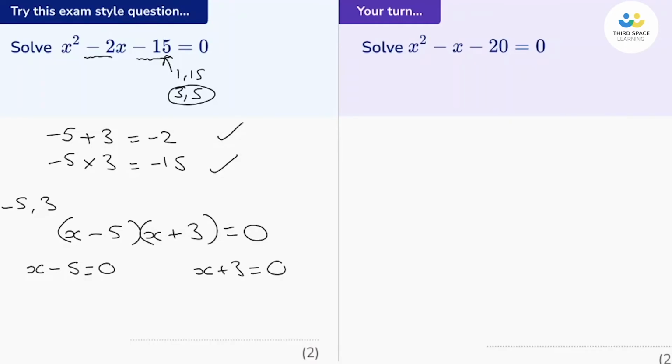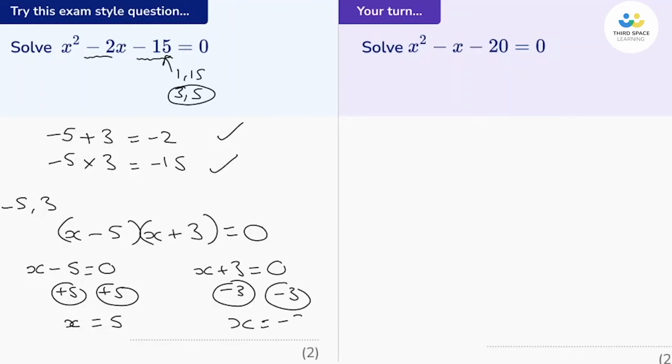If x minus 5 is 0, all we have to do is add 5 to both sides to see that x equals 5. Or if x plus 3 is 0, all we have to do is subtract 3 from both sides to see that x equals negative 3. And there we go. Our two solutions are x equals 5 and x equals negative 3.